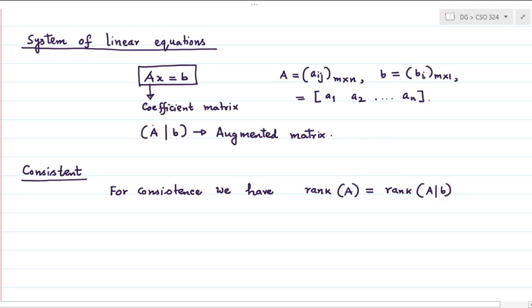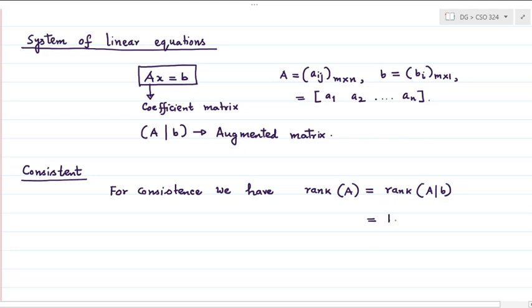Now let me try to talk about several possibilities of having a solution. By several possibilities, I mean, provided the system is consistent, let us analyze the values of m and n, the order of the matrix, and the rank of the coefficient and augmented matrix.